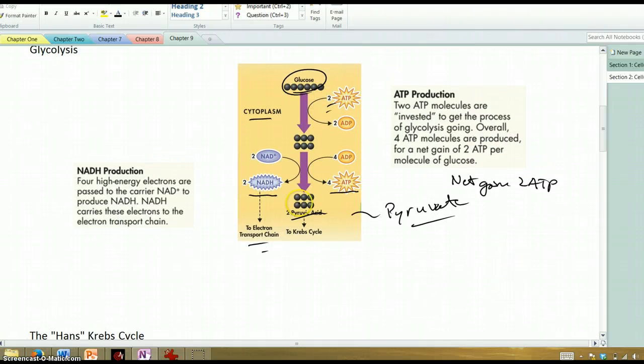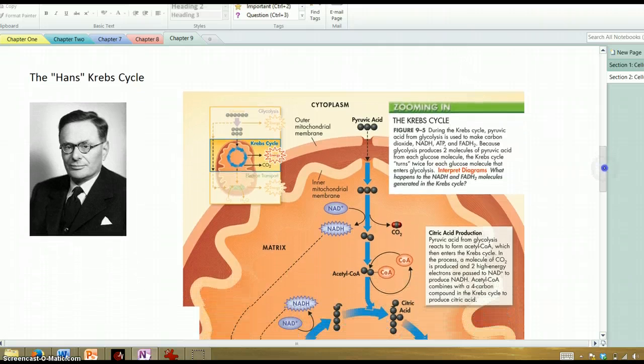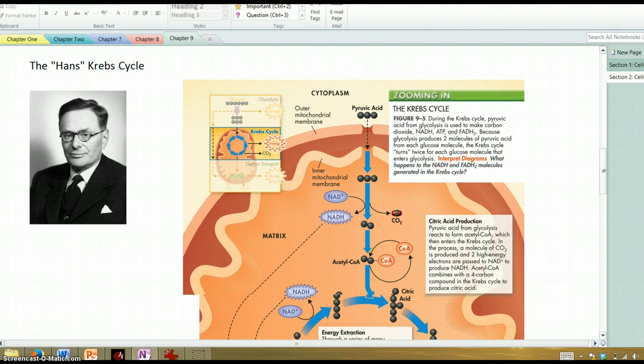All right, but of the energy we started with, most of it is still in these pyruvate molecules. So now we have to break them down to get more of the energy out. So now we're going to move on to the Krebs cycle.